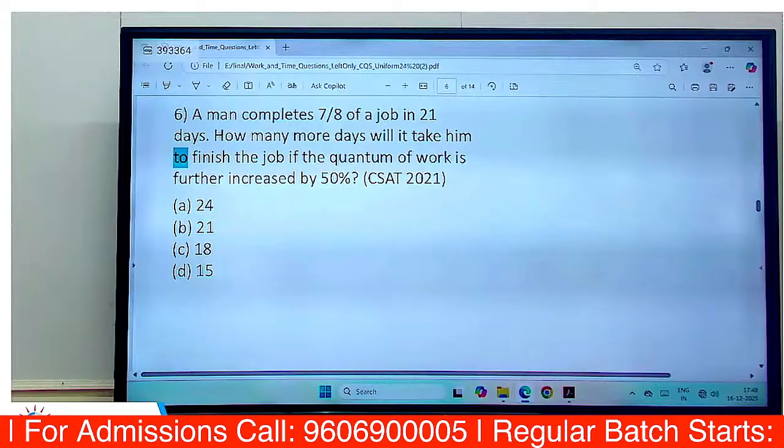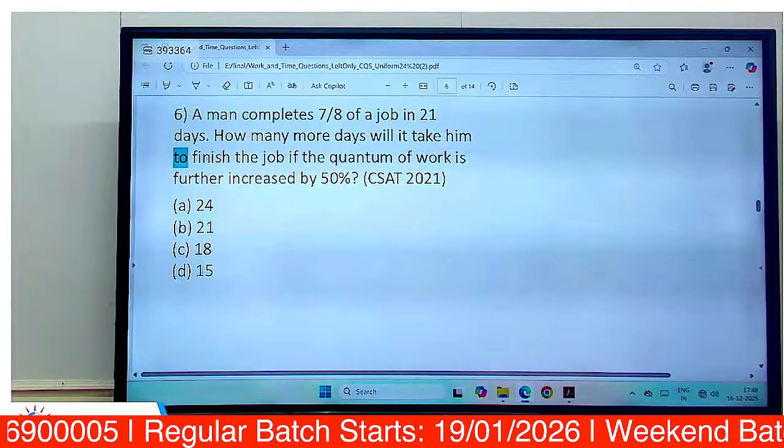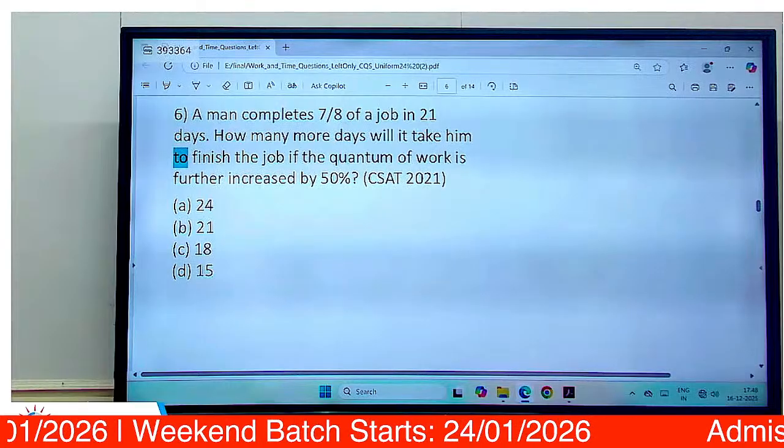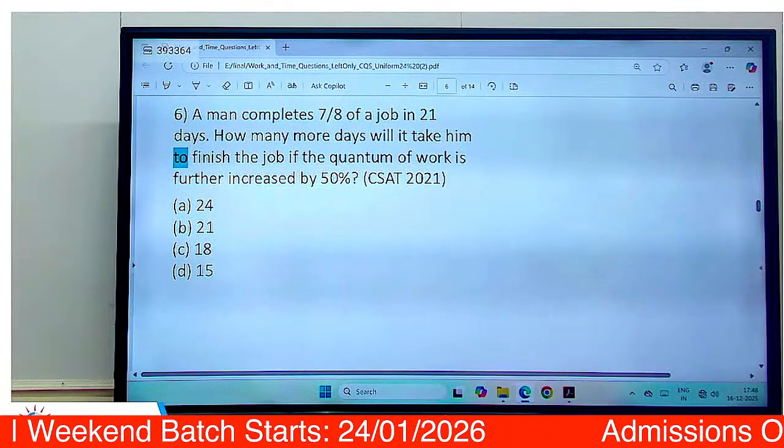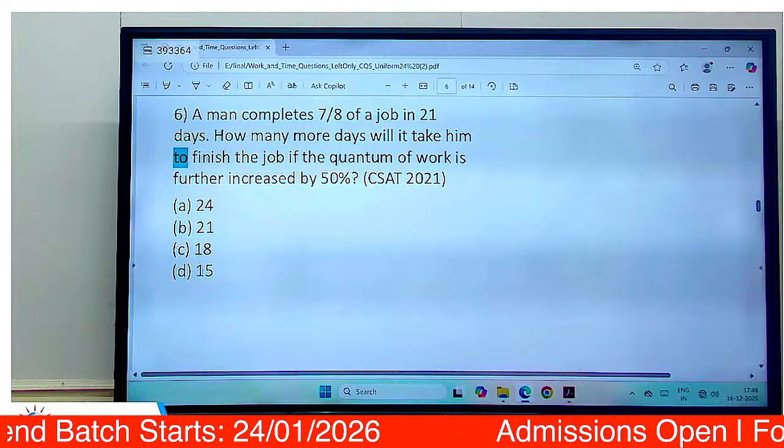15 days. Okay. 7/8 in 21. So 24 days to complete the work. Work is further increased.